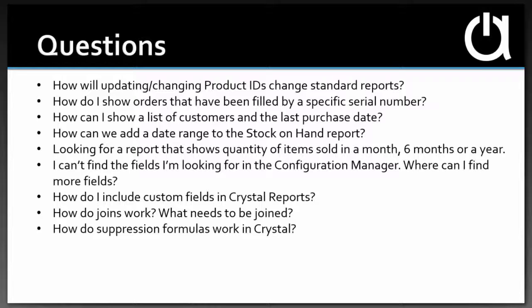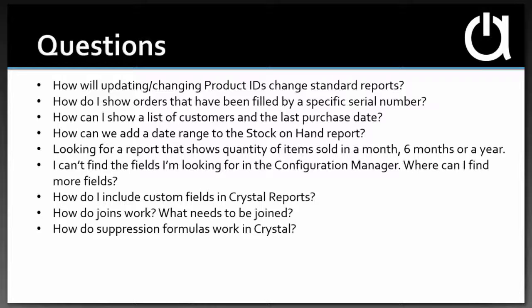And the short answer is that the original product ID at the time of the transaction is stored with the transaction, but the database also stores the GUID, or the background ID, for that product. So we're able to link the transaction detail record back to the product information as it is today.